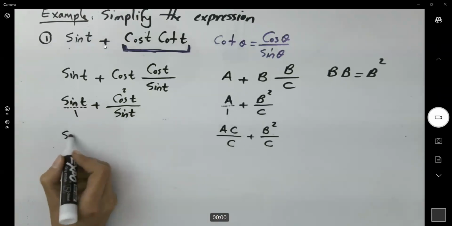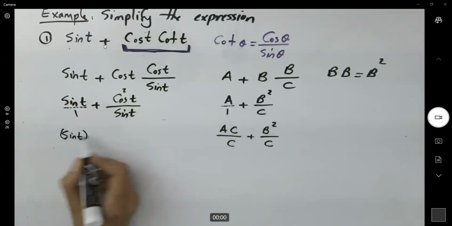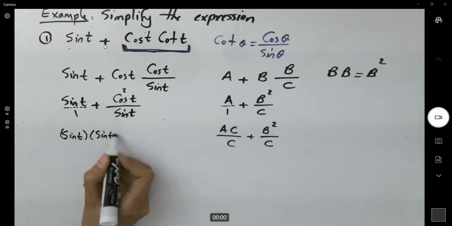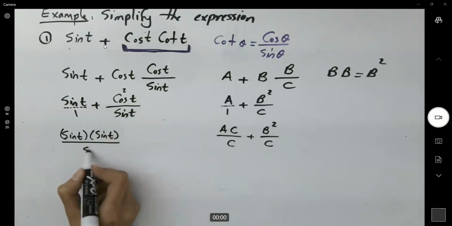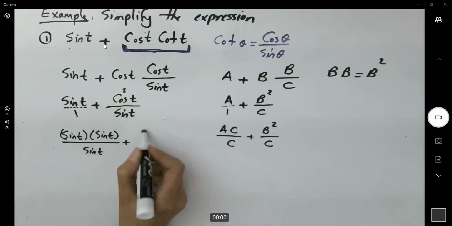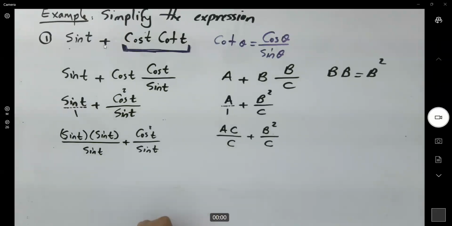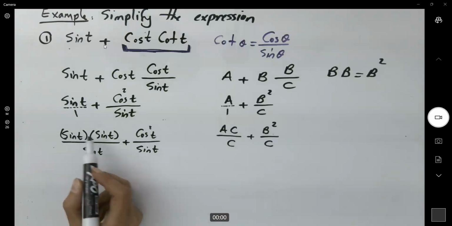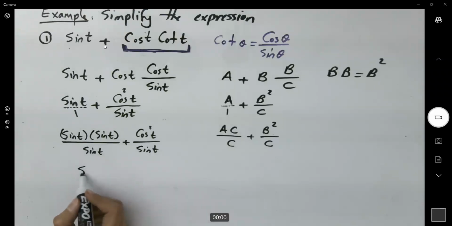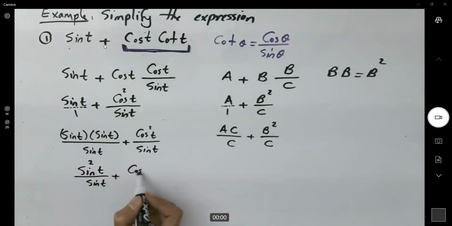So I'm going to multiply the numerator and the denominator by sine t, and copy down plus cosine squared t divided by sine t. Very well. Sine times sine is sine squared of t divided by sine t, plus the second fraction, cosine squared of t divided by sine t.